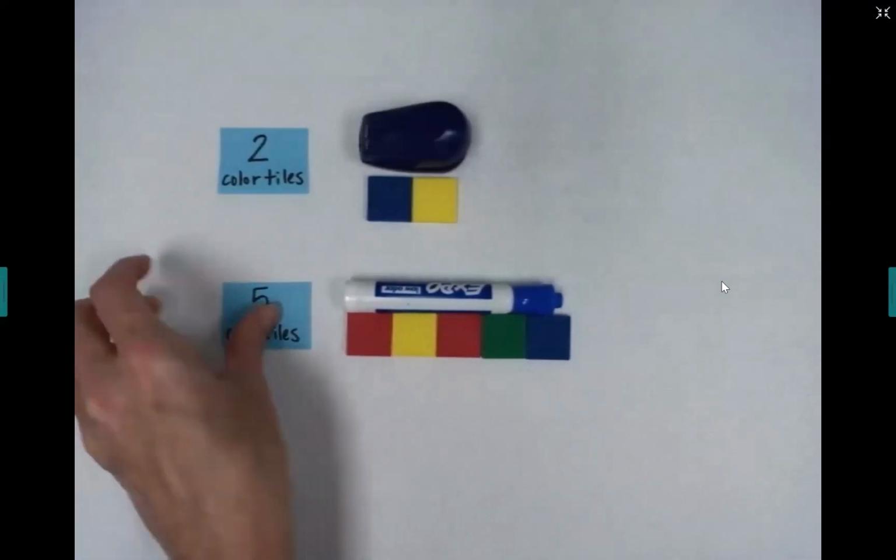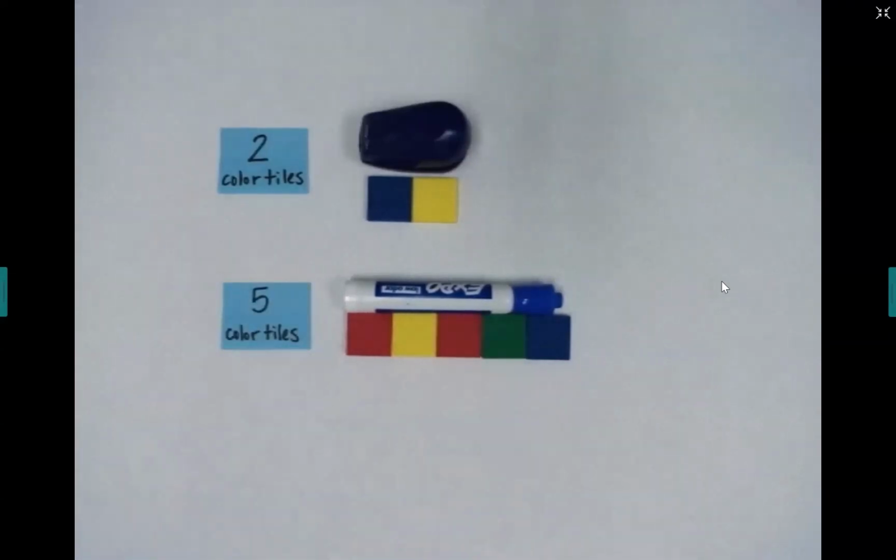Okay, so I'm going to label the length of my expo marker. If I was comparing just these 2 objects, we can also describe that comparison by saying, I know that the stapler is shorter than the expo marker because 2 is less than 5, or I could say the expo marker is longer than the stapler because 5 is greater than 2.